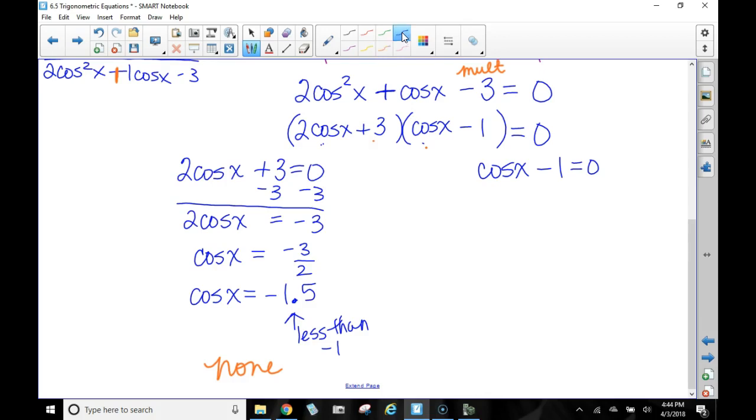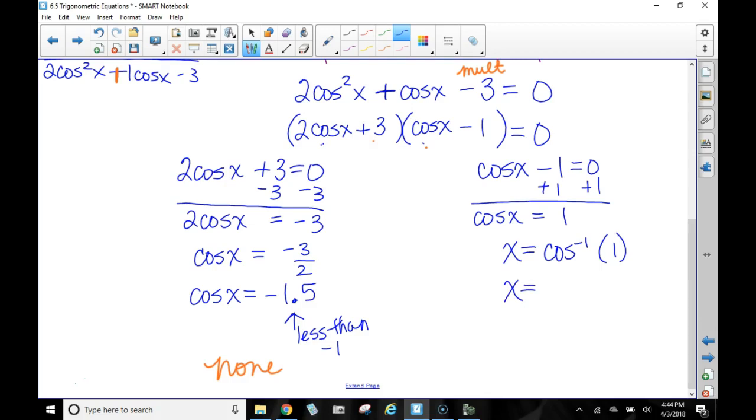Over here, solving this next equation for cosine x, add 1 to both sides. Okay? Solving for x. Take the inverse cosine of both sides. Okay, so that says we're looking for the angle or angles that have a cosine value of positive 1.